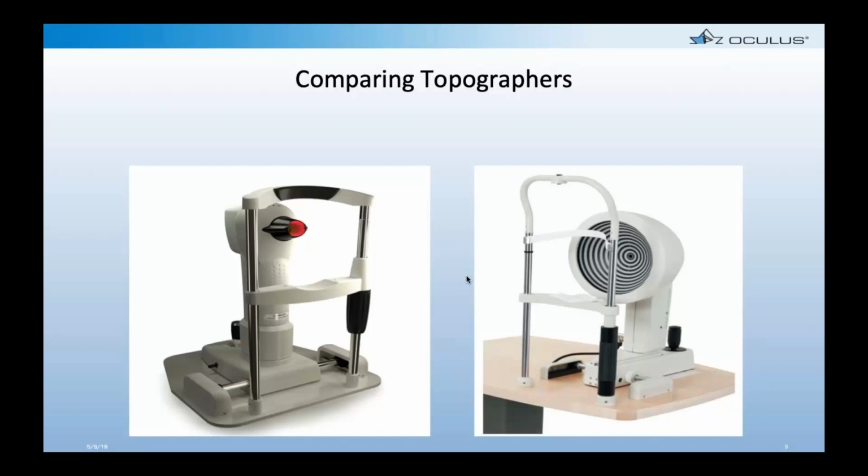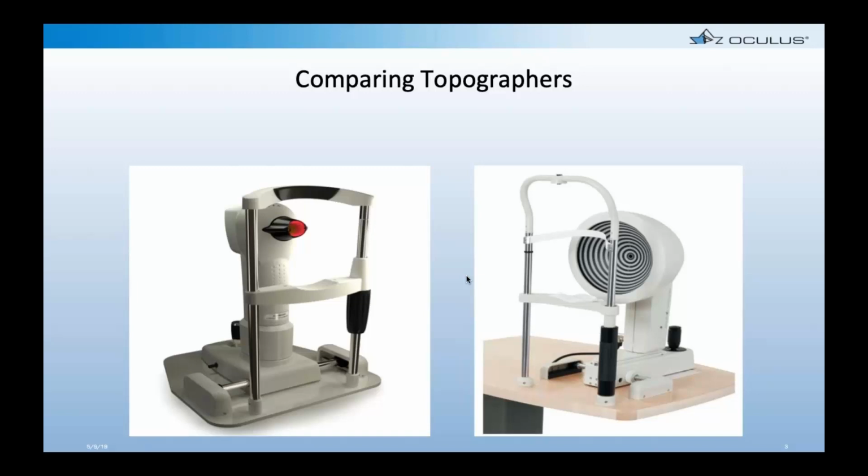There's generally two types of instruments, and this is actually a reasonably significant part of what I wanted to talk about tonight: what's the difference, and why would somebody choose a topographer which has the smaller ring or smaller cone compared to the larger cone, which you see on the right, which is what the Keratograph employs.